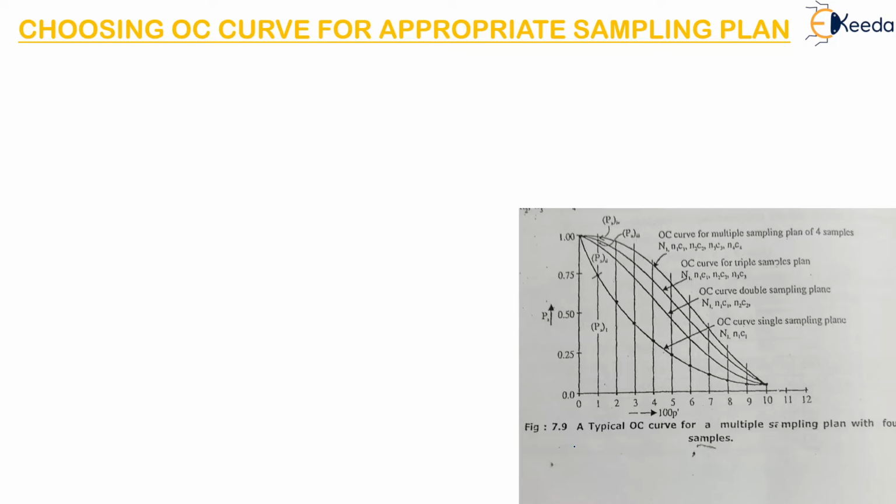So we have to take up the data for 4 samples, and we will plot 4 curves. When m is equal to 4, we have to draw 4 OC curves.